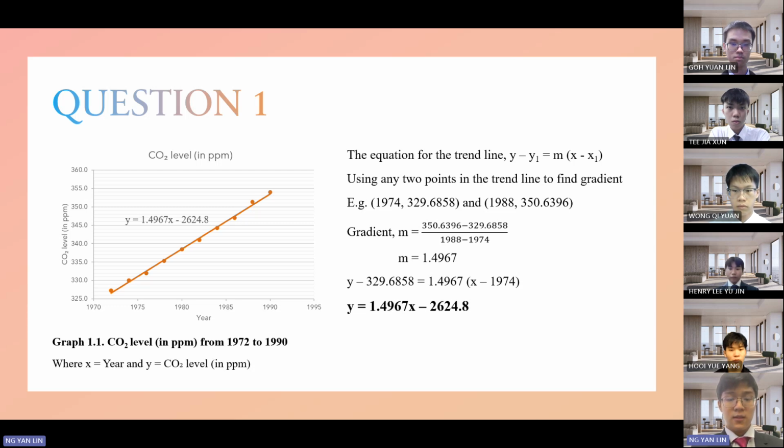Then, we substitute the gradient and the point 1974, 329.6858 into the equation y minus y1 equals m times x minus x1. Solving this, we obtain the equation y equals 1.4967x minus 2624.8.